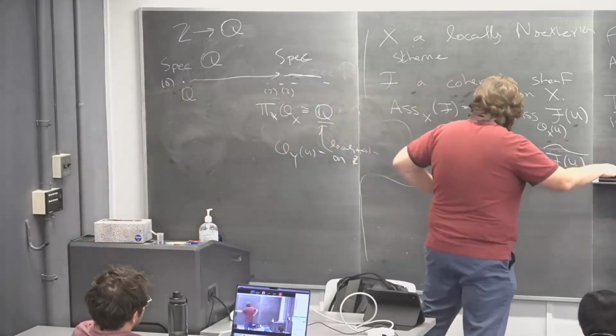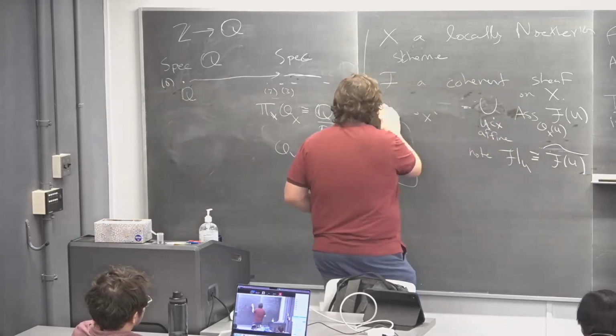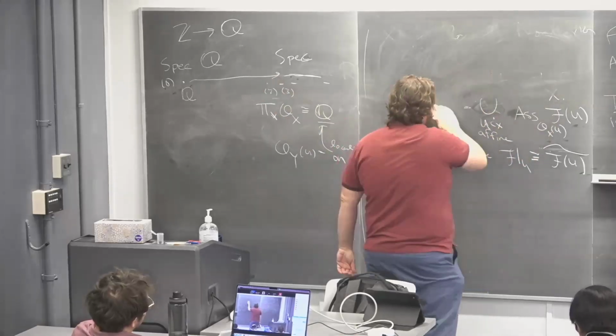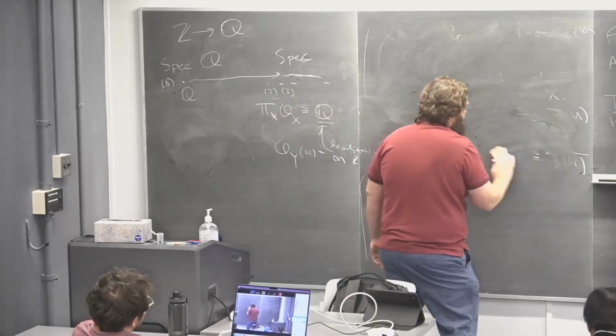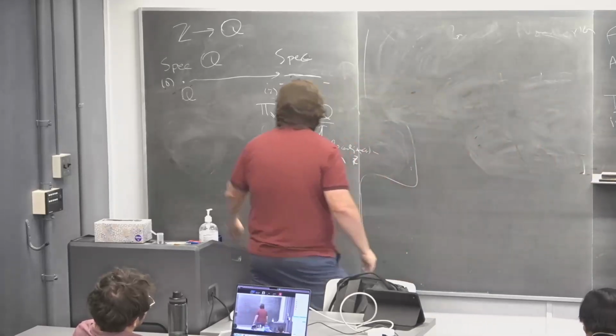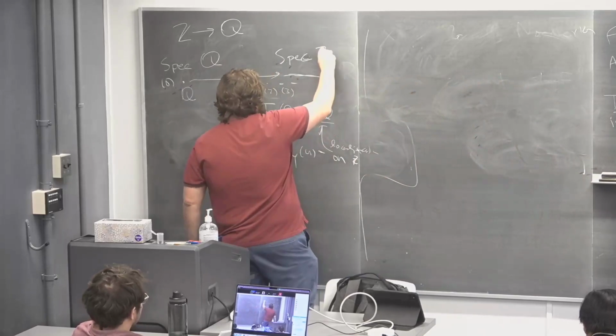But there's a perfectly good map of ringed spaces that does something very dumb. This is the only ring homomorphism from Z to Q, so this should be the only map of schemes from Spec of Q to Spec of Z.